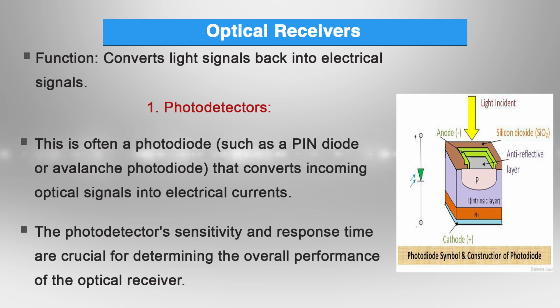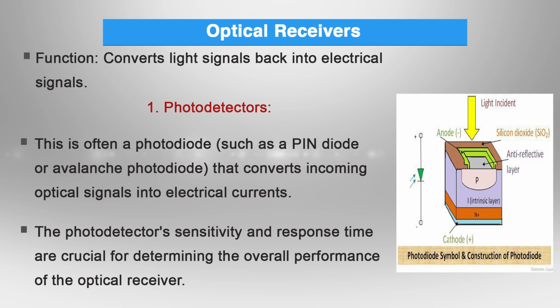First type of photodetector which is used as an optical receiver is PIN diode, a type of photodiode with an intrinsic layer between the p-type and the n-type semiconductor layer. It converts light into electrical current and is widely used due to its simplicity and cost effectiveness.